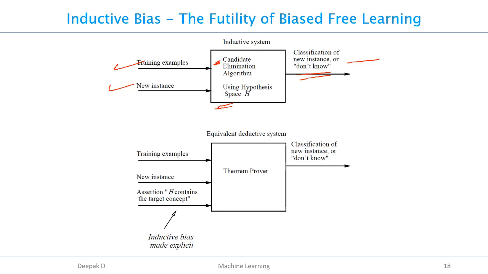Similarly, for your deductive system, we are providing an additional assertion, that is, H contains the target concept, which will provide you the classification of the new instance or don't know value. So this is how we are going with the inductive bias.